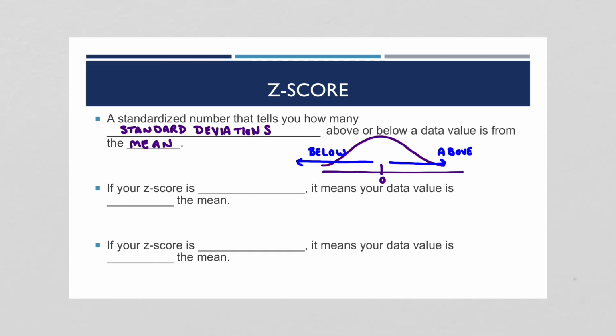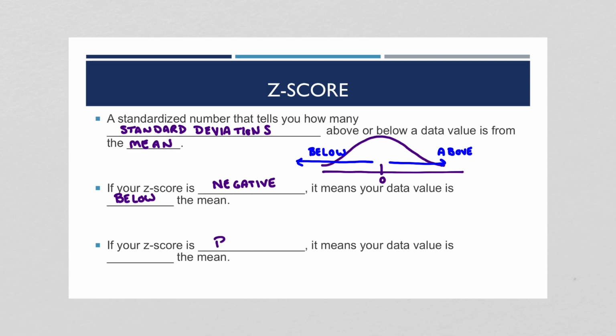So we'll go ahead and add that information to the two bullet points that we see below. So again, if your z-score is negative, it means your data is below the mean. And then I'm sure that you all can easily guess what the next bullet point will read.